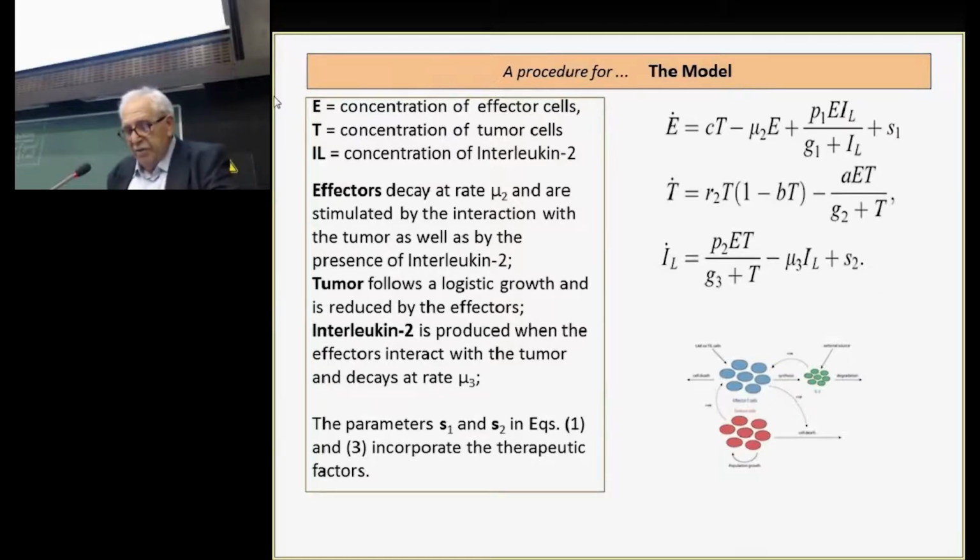And they are linked in this picture down there, in which effector cells kill the tumors, and other things. Decay rates, I mean, you can look at the equation. The tumors grow with a kind of logistic equation, but the number of tumors is decreased by the effector cells, things like that.